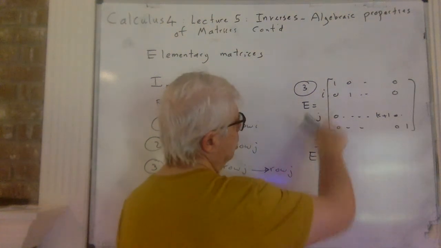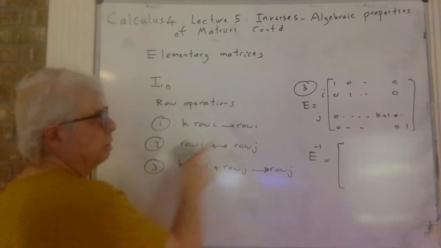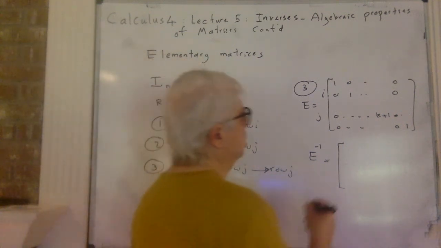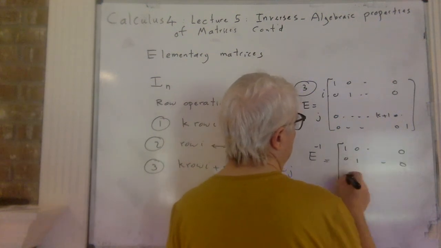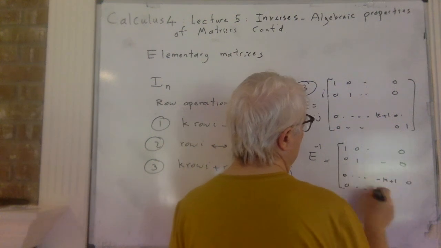Well, if I apply the same thing, except this time multiply by minus k, I will get I. So E inverse is this. Minus k plus 1.